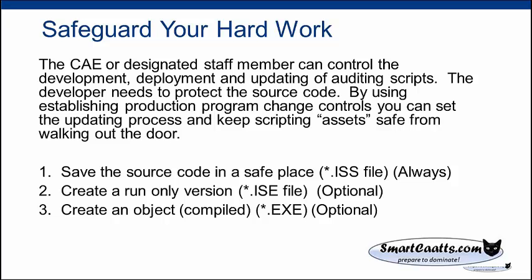So basically you need to take the source and put it in a secure place. Always keep the source. You need to compile it or make it an executable, and that's what you give to the staff. They can't change it. They'll have to come and ask you for the source file to change it. Could they rewrite the whole thing?